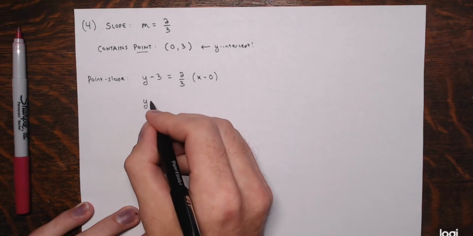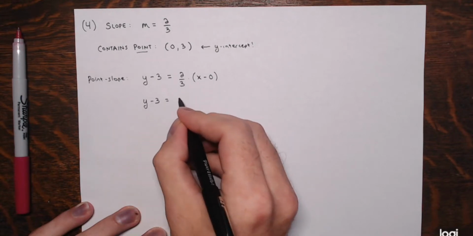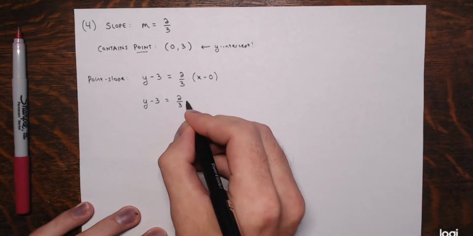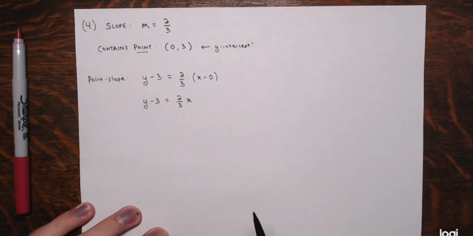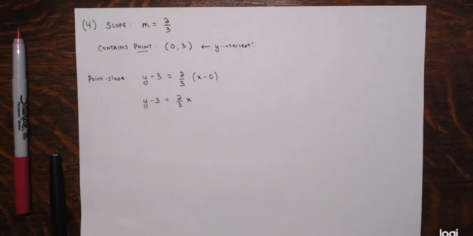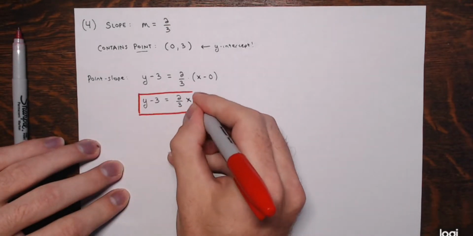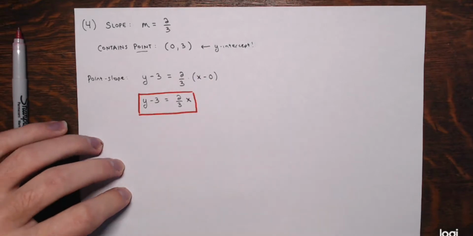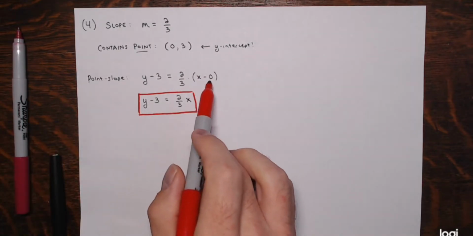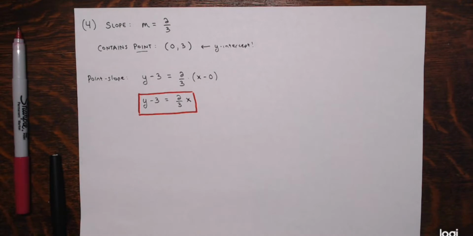So we have y minus 3 equals 2/3 times x. And this is what I'd consider point slope form. Now again, either one of these is fine. They're both the same. It's just subtracting 0, doesn't do anything. Silly to write that.